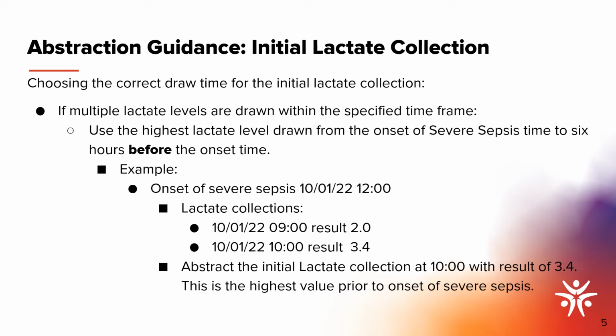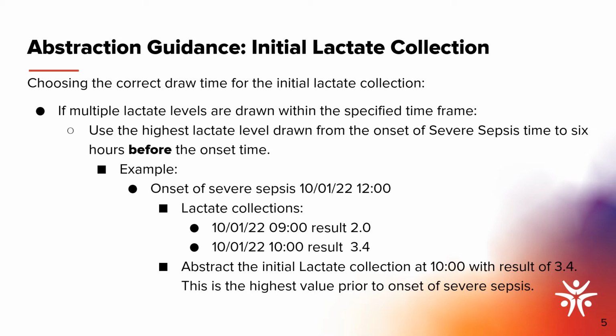The guidance states to use the highest lactate level drawn from the onset of severe sepsis time to 6 hours before that onset time. In this example, you will see that onset of severe sepsis was at 12 o'clock.